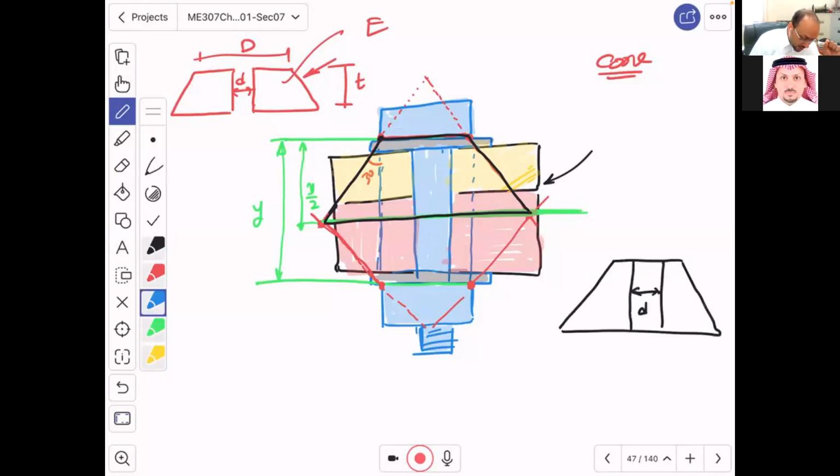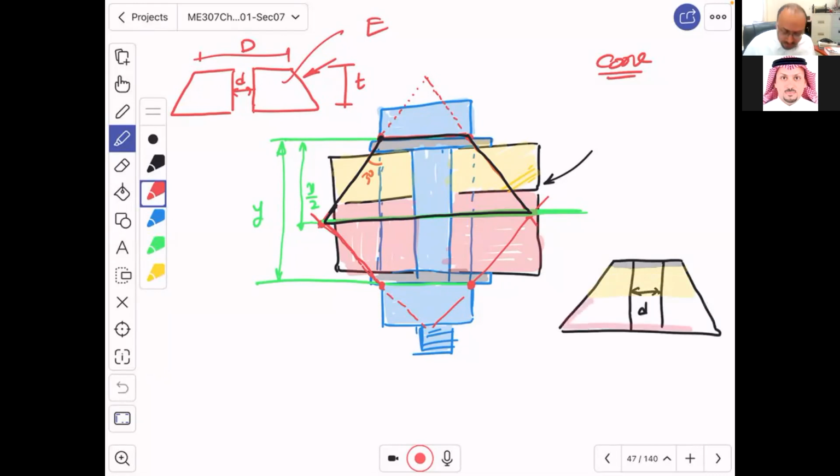However, ya shabab, inside the black frustum, I have a little washer, and then I have a yellow material, and I have a red material. We are in trouble. What is the modulus of elasticity of this frustum? We have 3.